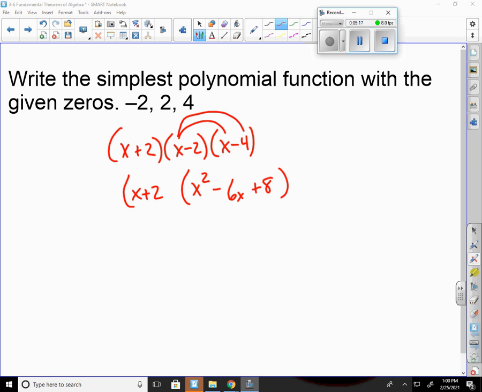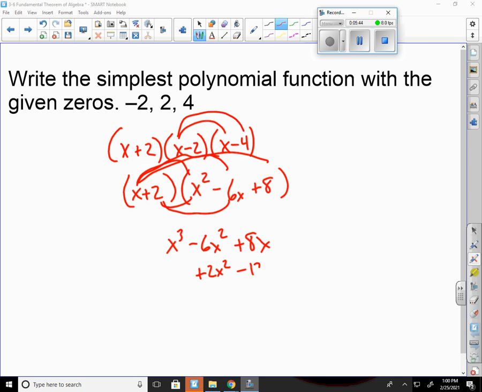Then I have x plus 2. Distribute my x to each term. That becomes x to the third minus 6x squared, and then plus 8x. And distribute my 2. 2 times x squared, that's plus 2x squared. 2 times negative 6, that's minus 12x.